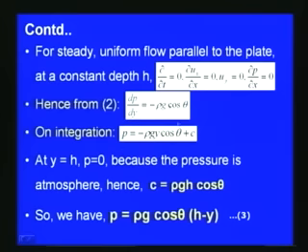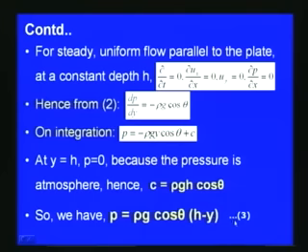To find c, we will use the boundary condition. At y is equal to h, p is equal to 0 because the pressure is atmospheric. So we can write c is equal to rho g h cos theta. Now if we apply this c in the equation, we get p is equal to rho g cos theta into h minus y.